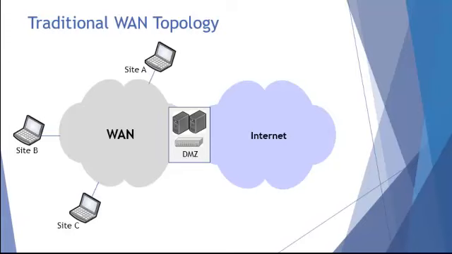If we look at the traditional wide area network topology, it's often been characterized as having on the left a number of sites within your organization interconnected to a private wide area network, which enables the communications among the various sites in your network, and then any communications out to the internet would traverse through a demilitarized zone, or DMZ, where you might have DNS servers that are sending out queries and caching that information.